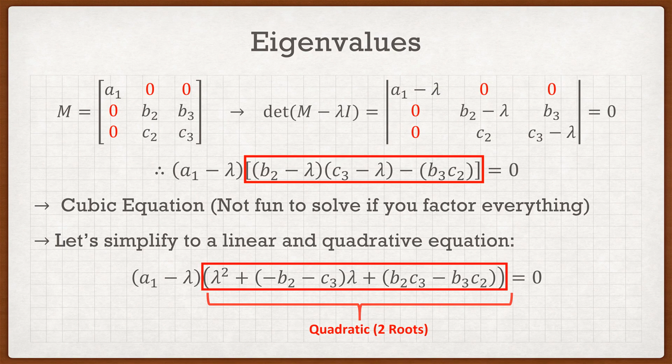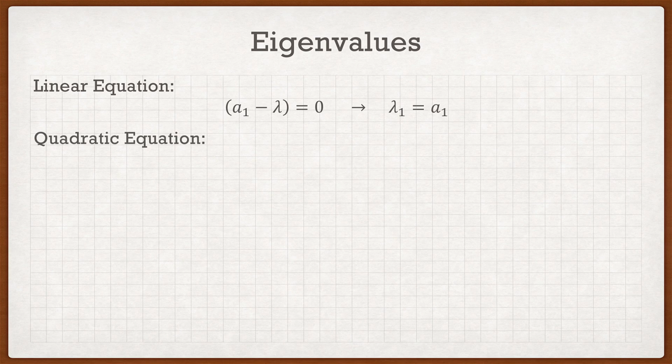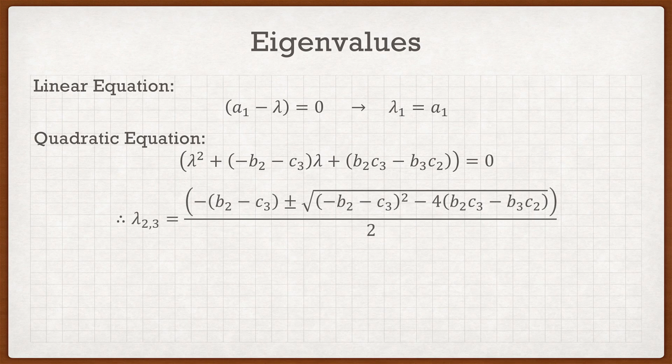We know that quadratic equations have two roots. So let's look at the linear equation first. A1 minus lambda is equal to 0. It's easy to conclude that lambda 1 is equal to A1. That's just trivial at this point. You're laughing, but now we look at the quadratic equation. If we have it in the standard quadratic form, we can use the quadratic formula.